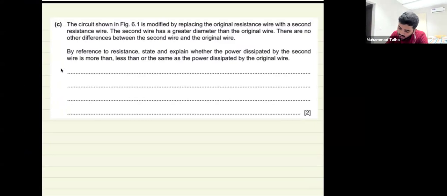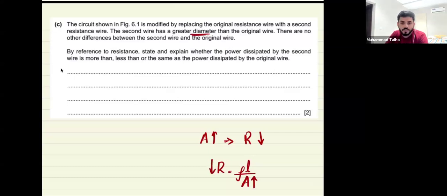So this would also mean, Aisha, that it has a greater cross-sectional area, and if it has a greater cross-sectional area, this means that resistance is less. Why? Because of the inverse proportion as dictated by this equation. Area goes up, resistance goes down. So resistance is less. There are no other differences between the second wire and the original wire.